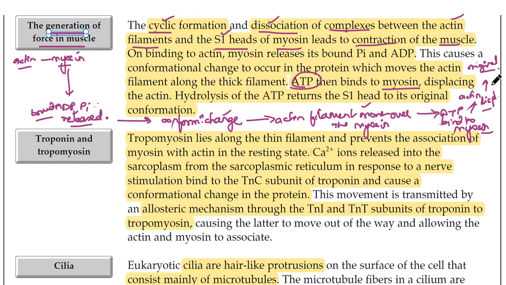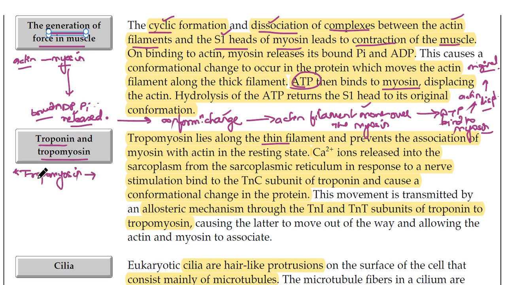Okay, next we have to study troponin and tropomyosin. I already told you that they are along the thin filament. This tropomyosin, very important, please note down, has the role of preventing the association of actin and myosin.